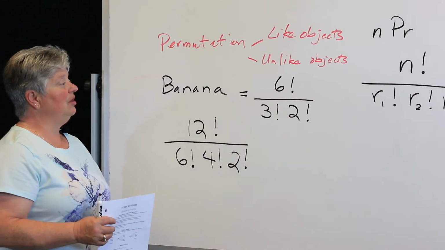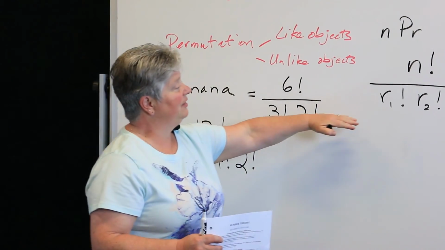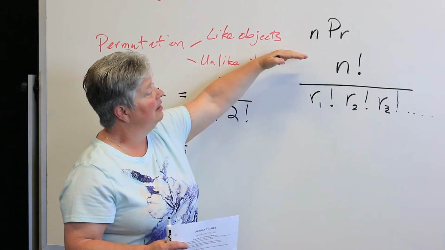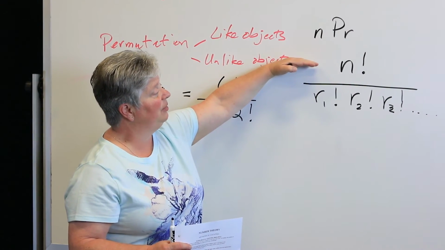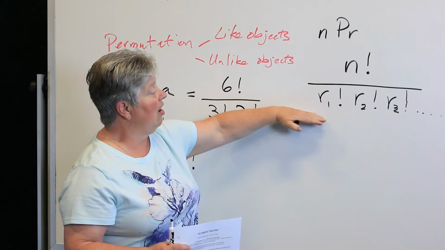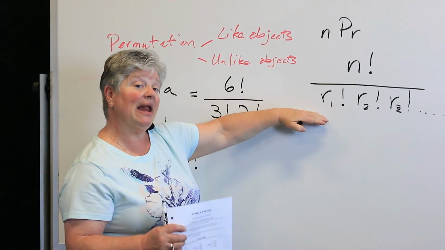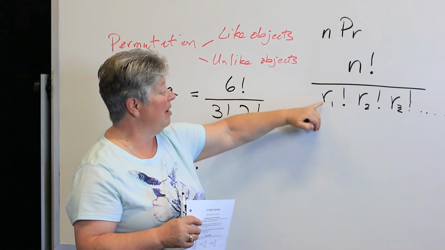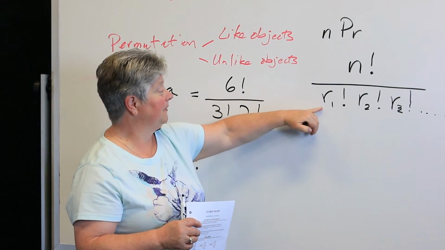We would use this formula to determine that. Think of this as the same n we're talking about, so the total number of objects or people, and our denominator is just going to be looking at how many of something repeats. That's kind of how I remember this with the R. Okay.